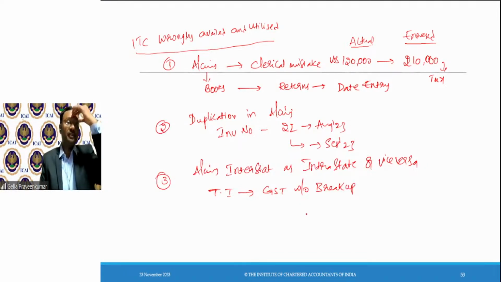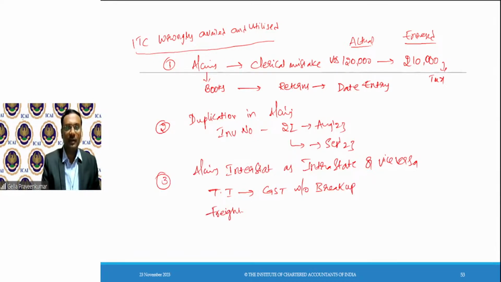There could be scenarios where, I'll give an example of this, freight on outward supply. Freight on outward supply to a place outside India.